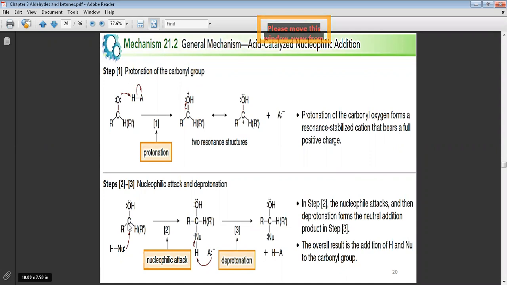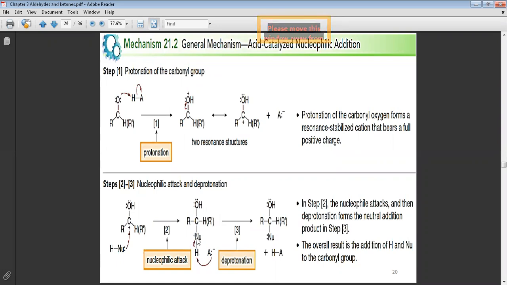This gives you an intermediate with a positive charge on the nucleophile. The minus part from the acid will remove the proton from the nucleophile group to neutralize this positive charge, and finally gives you the product. So: protonation, nucleophilic attack, and deprotonation.